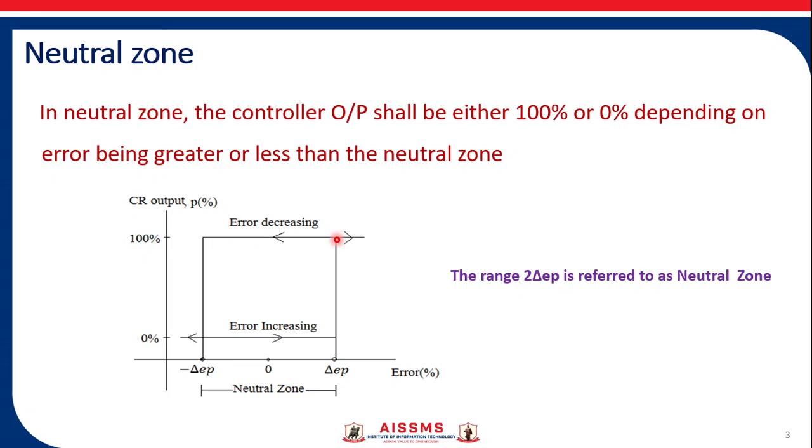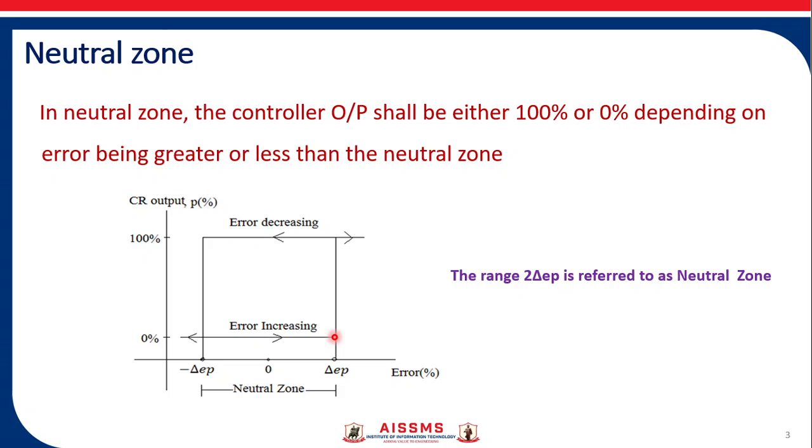And controller output will remain 100% till the error reaches minus delta EP. As soon as the error reaches minus delta EP, the controller output will change its state to 0%. And again here, the controller output will remain 0% unless the error reaches positive delta EP.